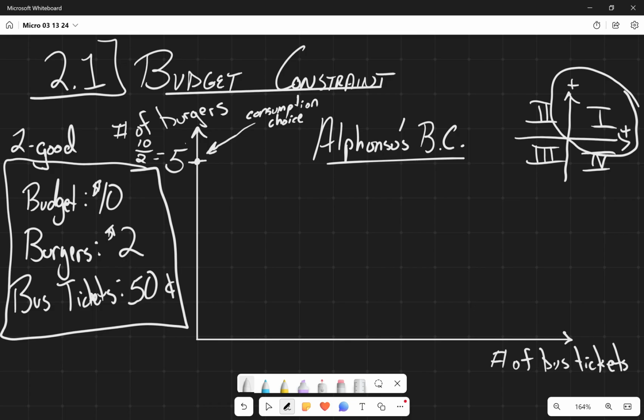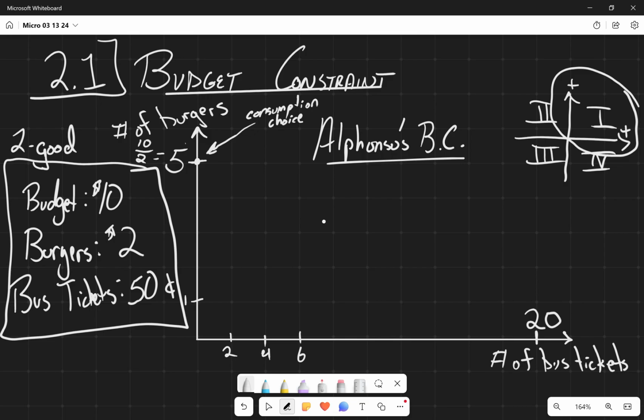And then, because it's easiest just to use the extreme points and draw a line between the two, I go down to, what if Alfonso did not consume any burgers and just bought bus tickets? Well, then Alfonso would be buying, we're going to say each one of these is 2, so 2, 4, 6.